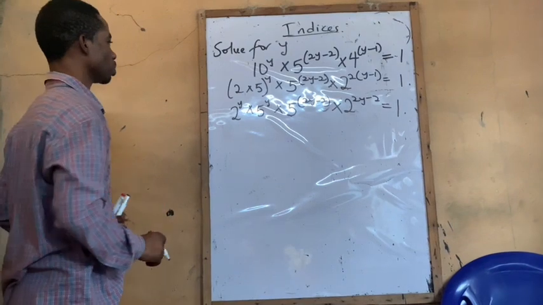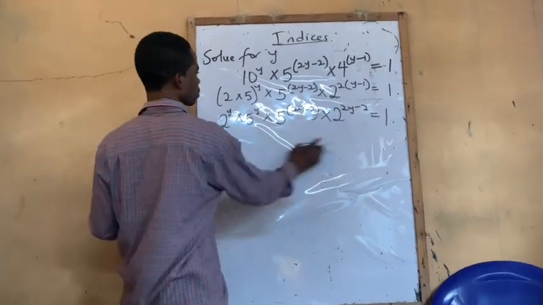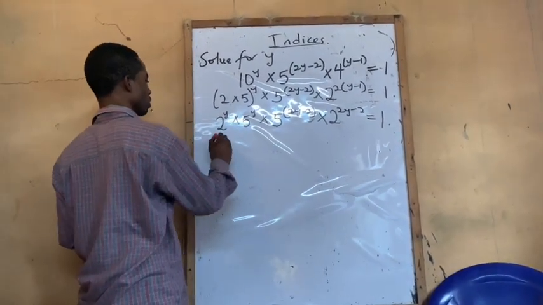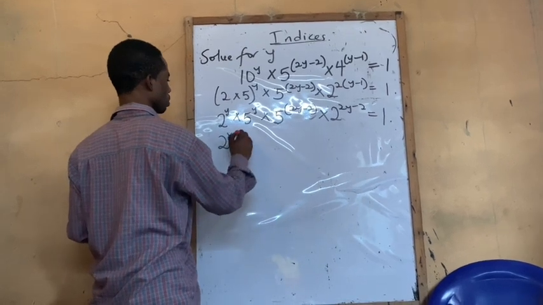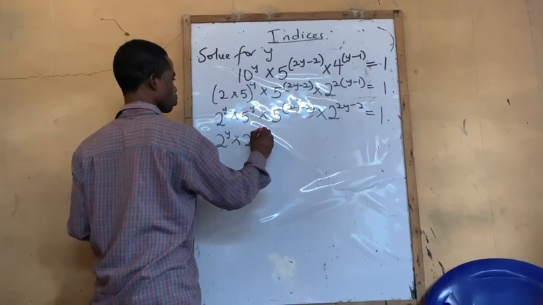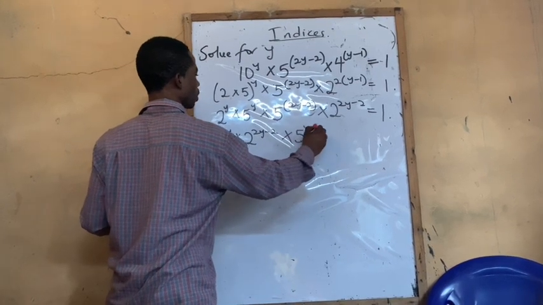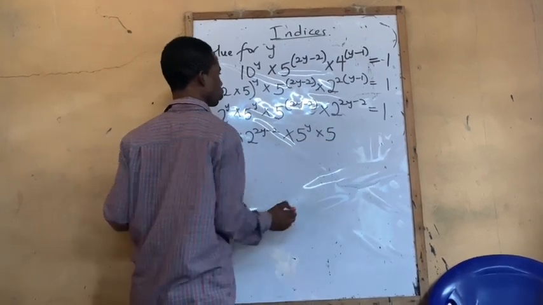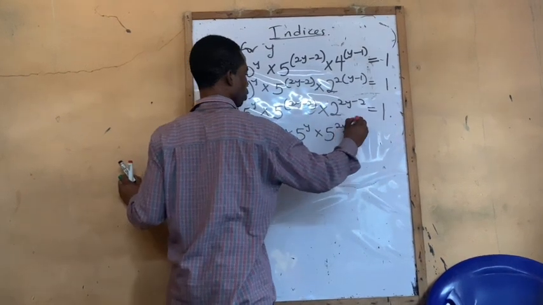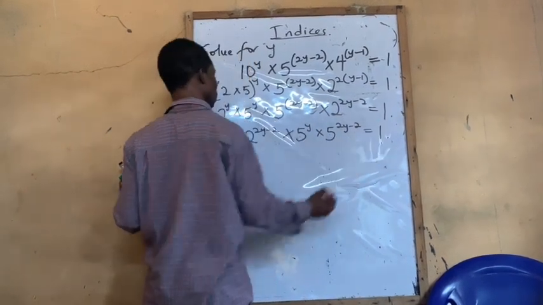So what will I do? I want to bring the 2s together and the 5s together. That means 2 raised to power y times 2 raised to the power 2y minus 2 times 5 raised to the power y times 5 raised to the power 2y minus 2 equals 1.